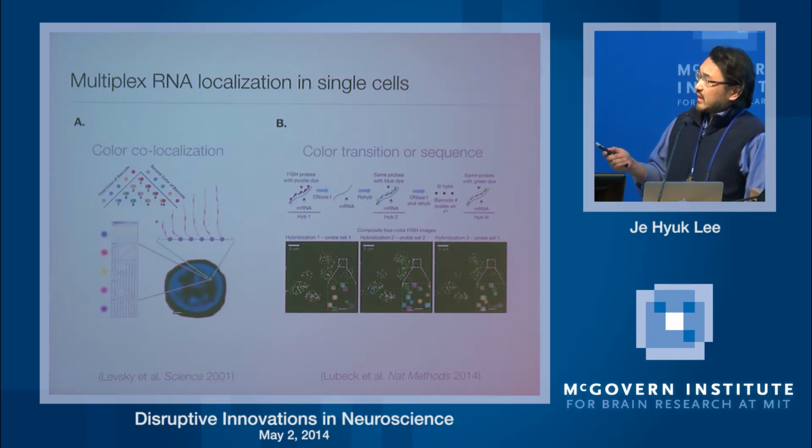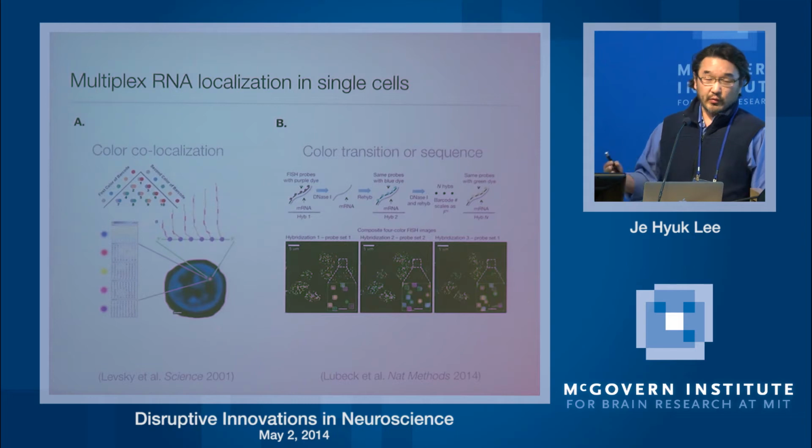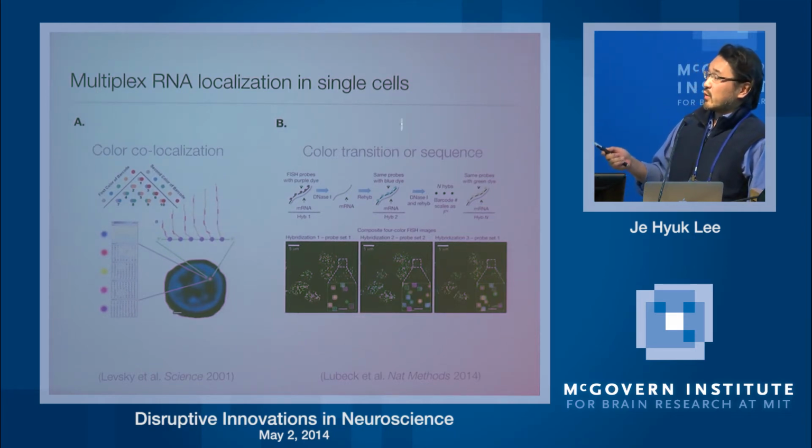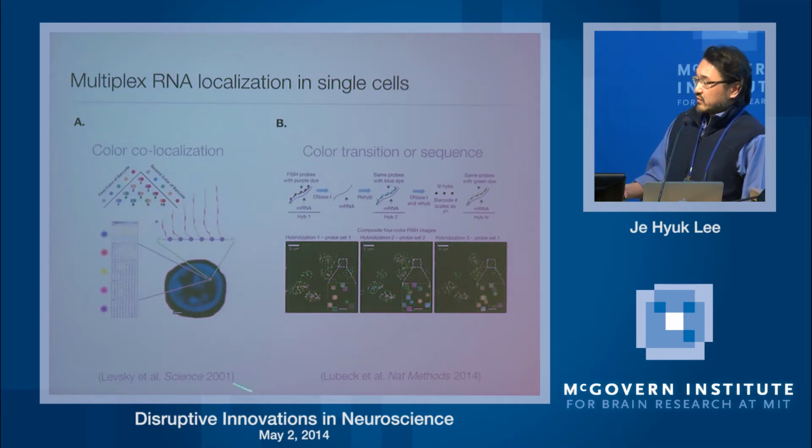But it's notoriously low throughput, and there have been a lot of efforts to multiplex FISH, or RNA localization, in single cells. It really started back in early 2001 from Robert Singer's lab, who really pioneered this field. He used multiple color localization barcoding to do profiling of a small number of genes.